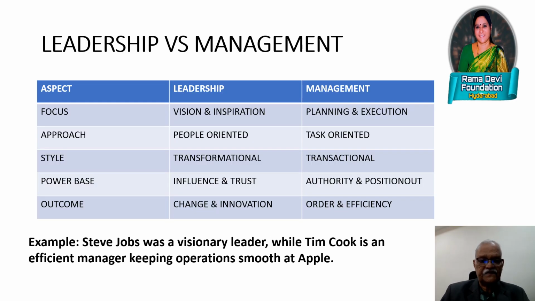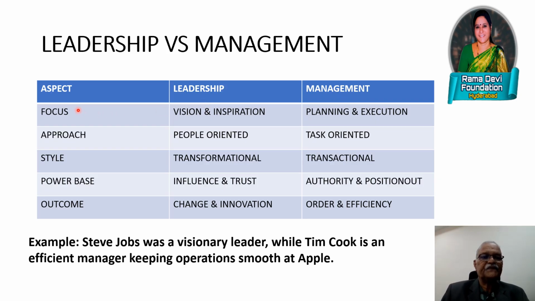Let's have a look at the distinctions between leadership and management. Here we have a table having three columns, with different aspects based on which we distinguish between leadership and management.